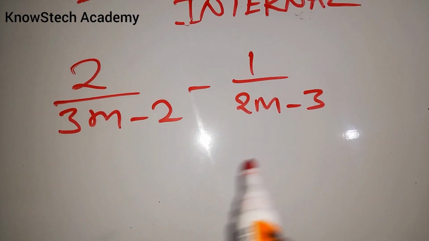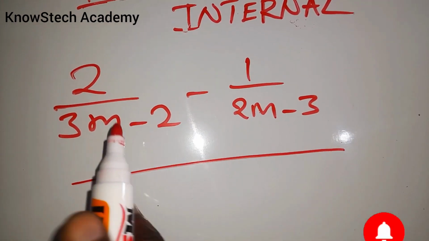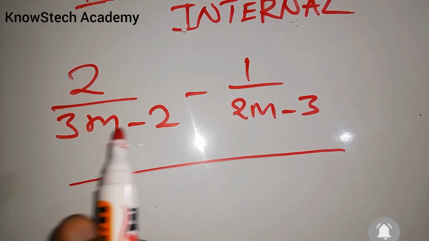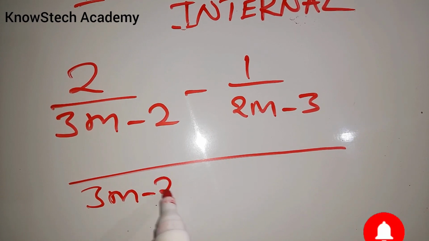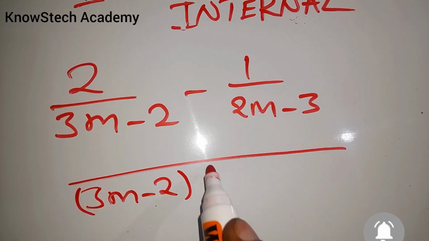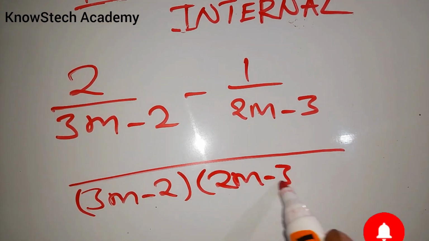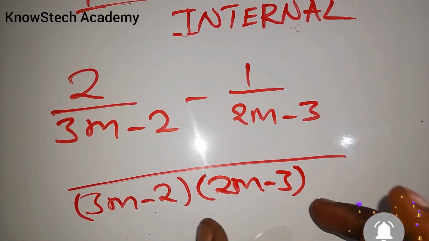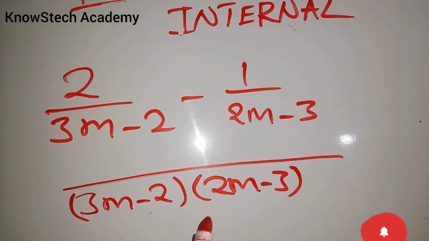So the first thing here, you write the denominators. Since the denominators are not the same, you simply multiply them. You show that you're multiplying them by putting them in brackets, 2m minus 3.